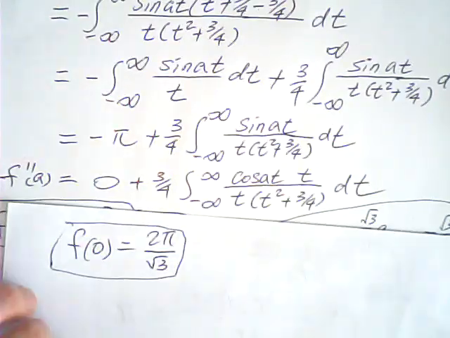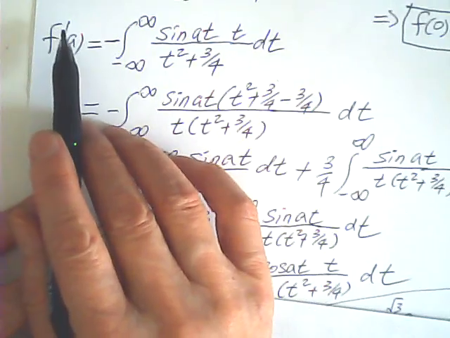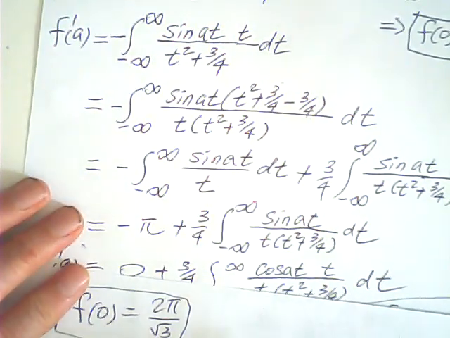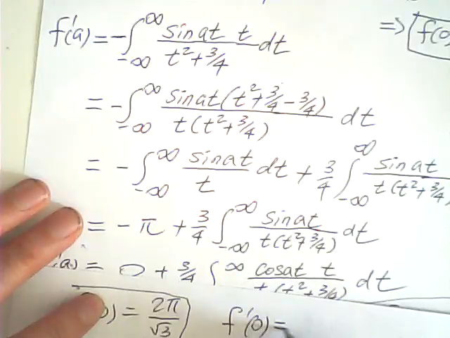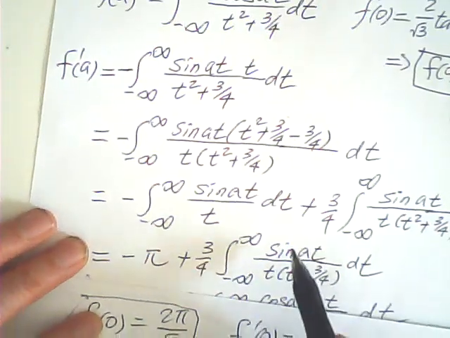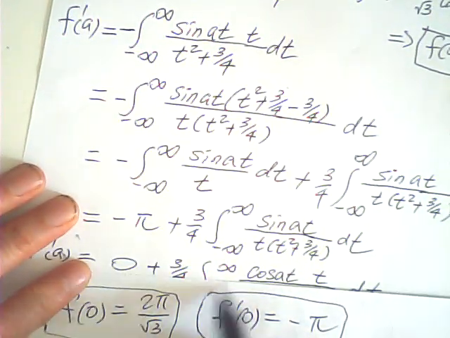The other one is that f prime of a equals this, so f prime of 0 will be equal to negative pi, when a is 0. So that is another initial condition.